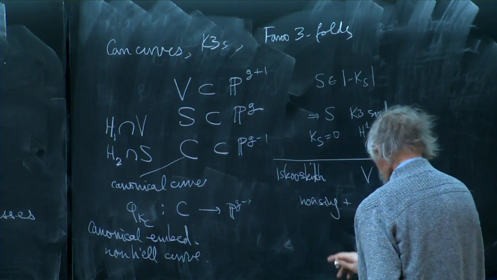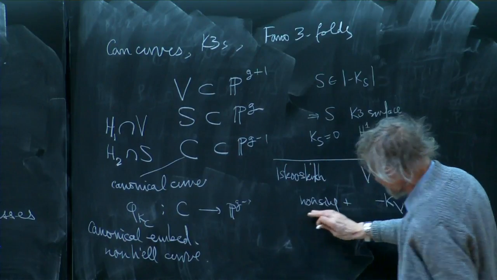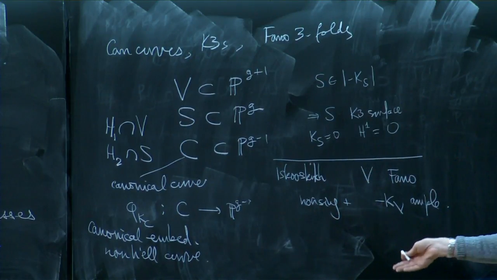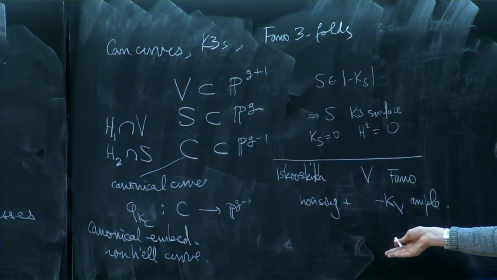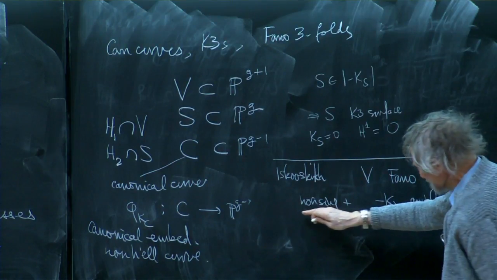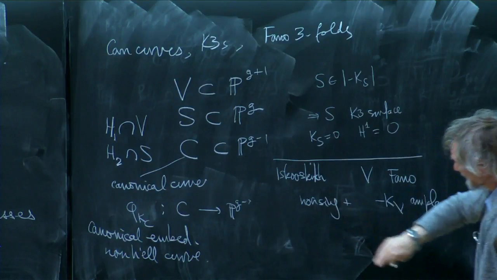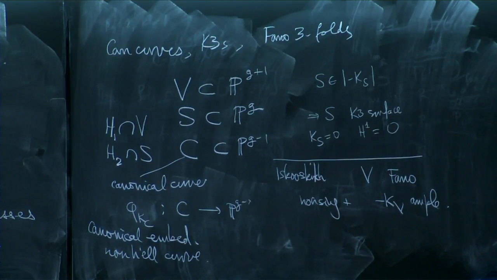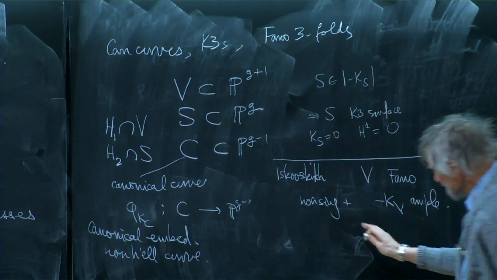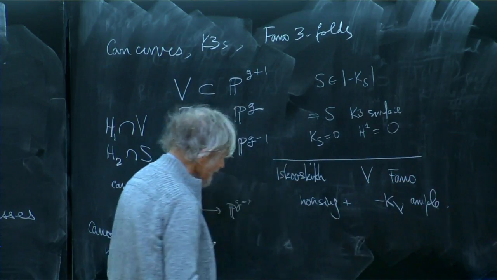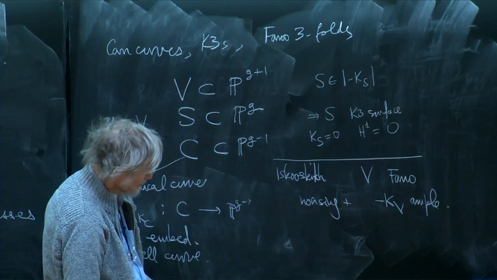We would walk around and he'd say, oh yes, I'm assuming non-singular because we don't yet know how to deal with the singularities. Now there's a well-established category of singular threefolds called the Mori category, and we can work with Q-Fanos. But let me stick with this for the moment.